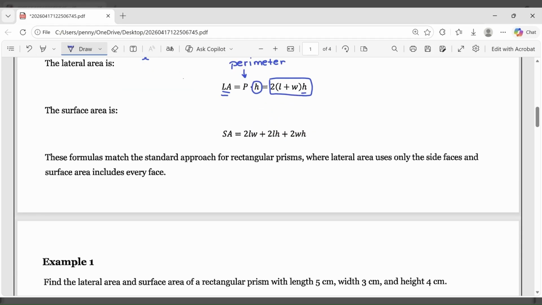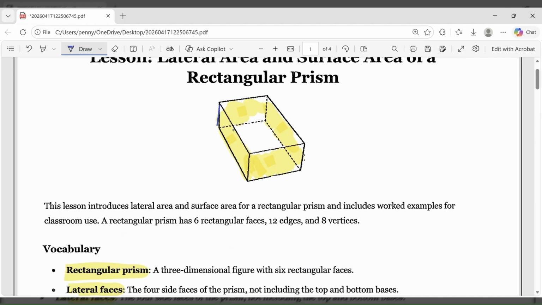Now, surface area is when we have all 6 sides. What's pretty cool about a rectangular prism is that your left side and your right side are the same, so you have 2 of those consistent measurements. The front and the back will be the same.